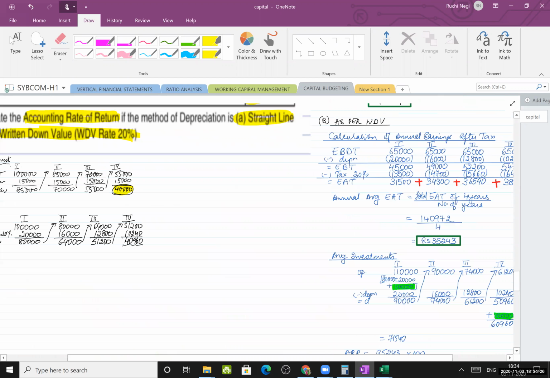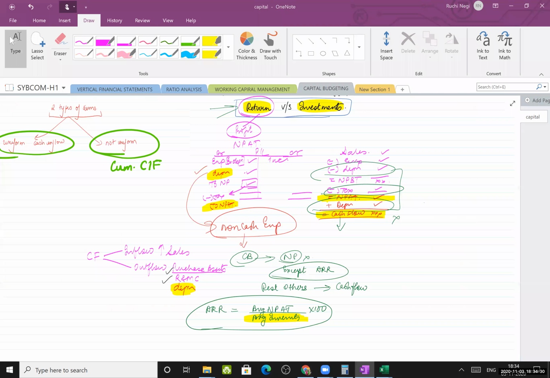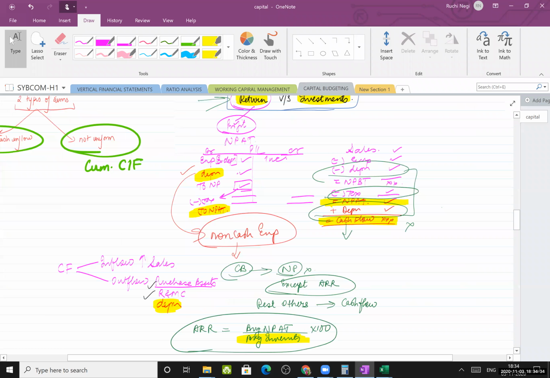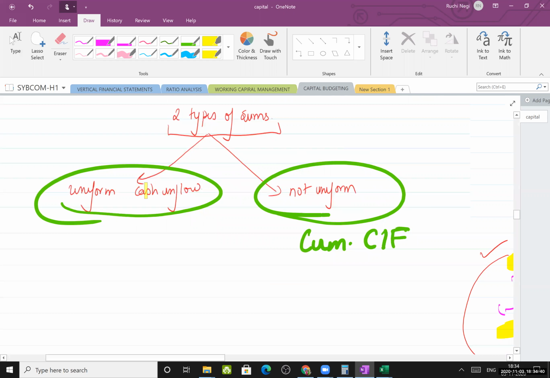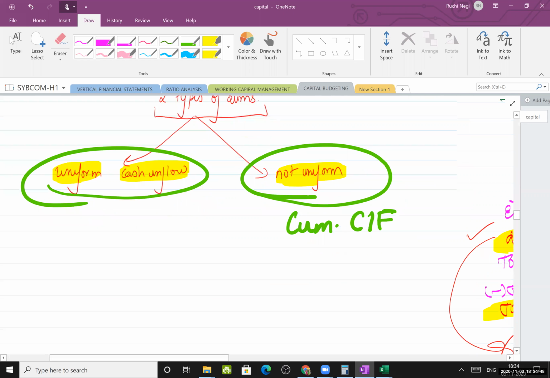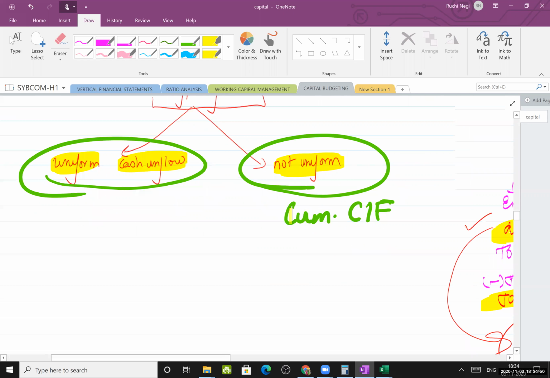See, look at this theory part which we had done. ये देखो, payback का. Uniform cash inflow and not uniform, मतलब uneven. ठीक है? जब not uniform होता है तो we take cumulative cash inflow, जैसे अभी किया in this sum.